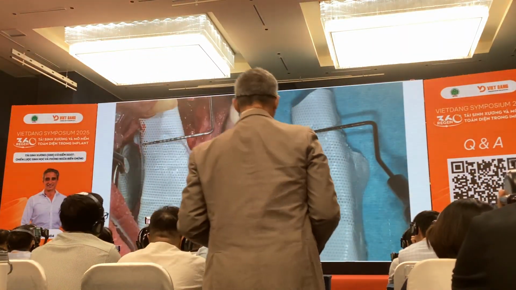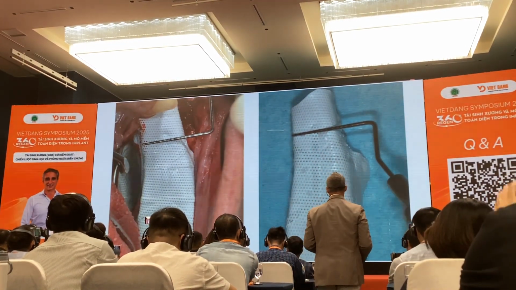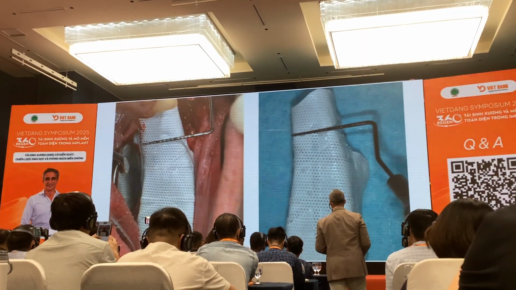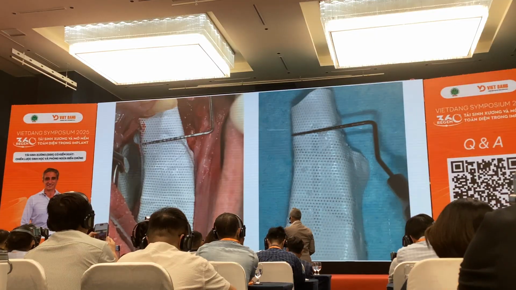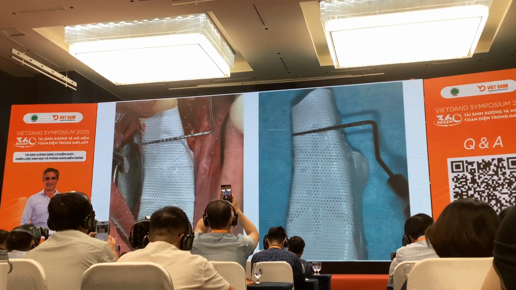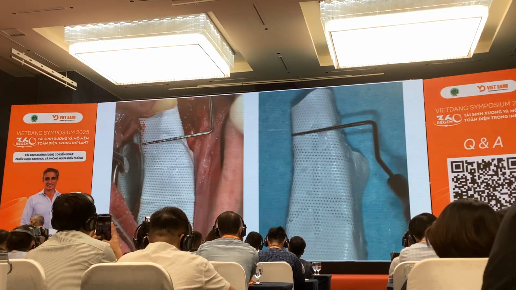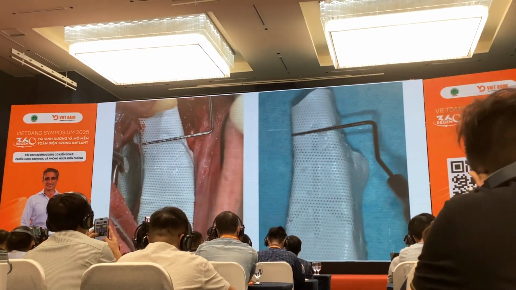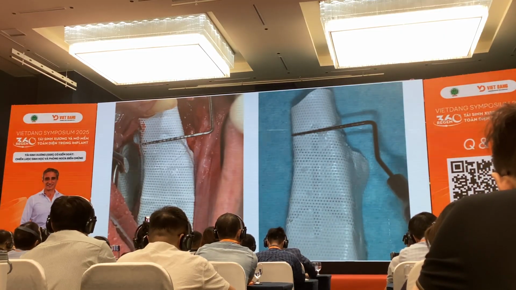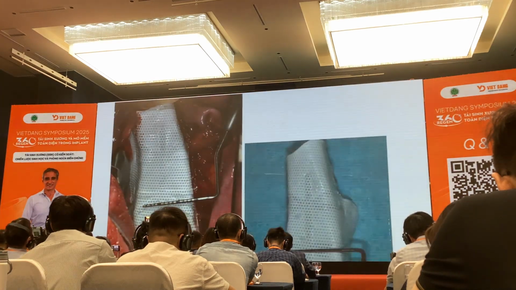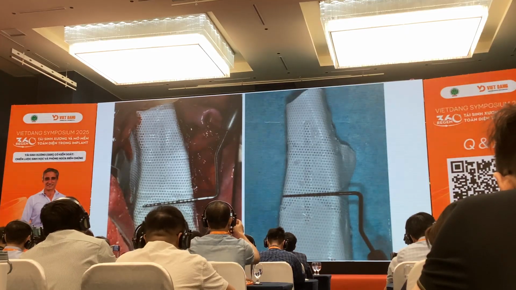And look at how we managed to replicate the dimension of the shaped membrane, and the stable dimension after we place the membrane over the top of the biomaterial. The volume and the dimension are the same. 10 millimeters here, 14, 15 millimeters here.